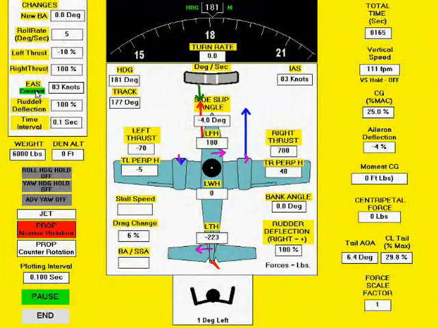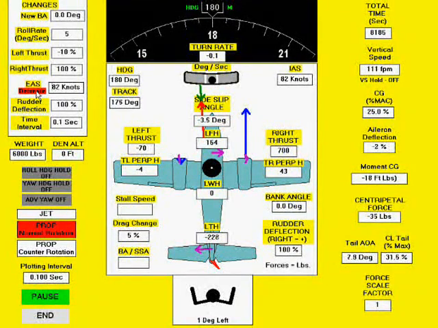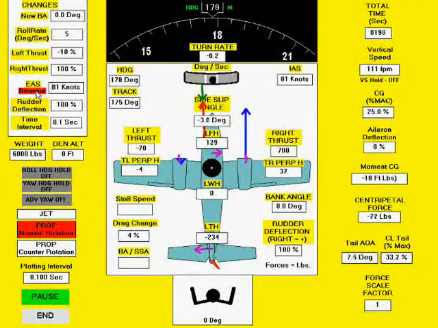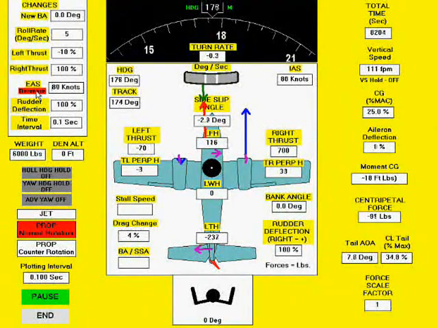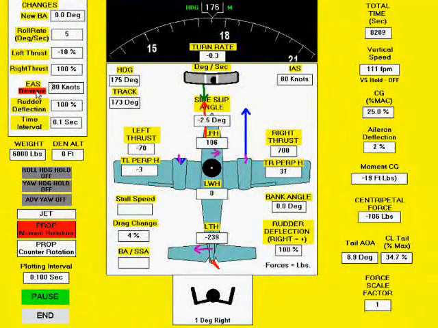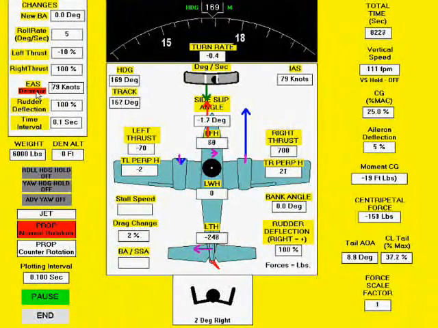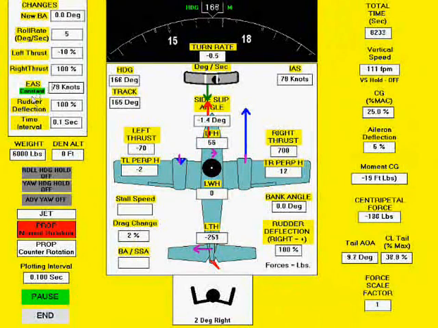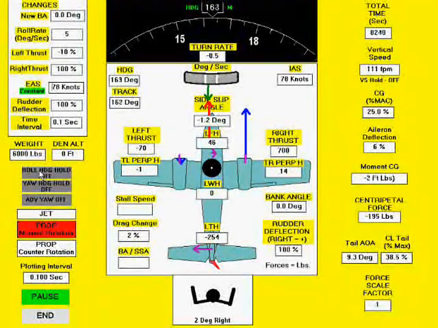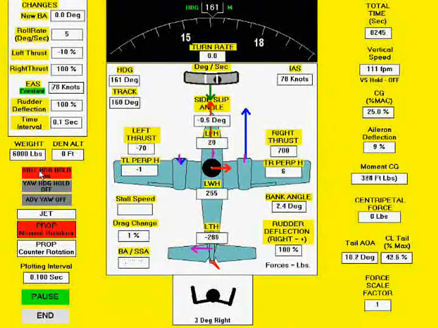Beginning at VMC with the wings level, we now gradually reduce the airspeed. As the speed drops below VMC, a turn to the left begins. Banking into the operating engine reduces the centripetal force in order to stop the turn.